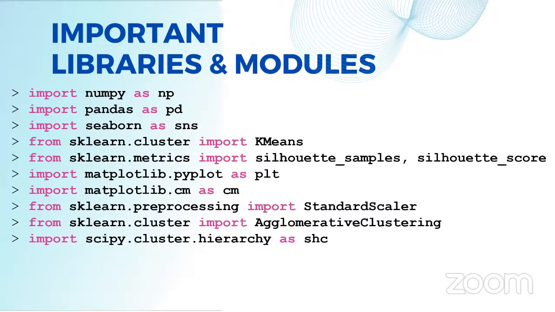Then from the same library we import cm. cm is nothing but a color map module from matplotlib, which provides color palettes for creating various plots.